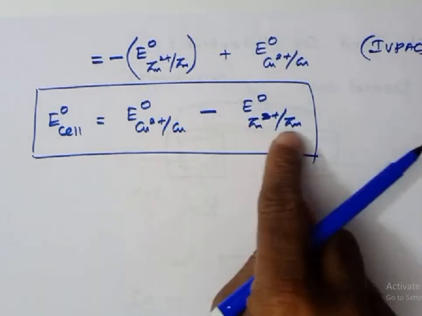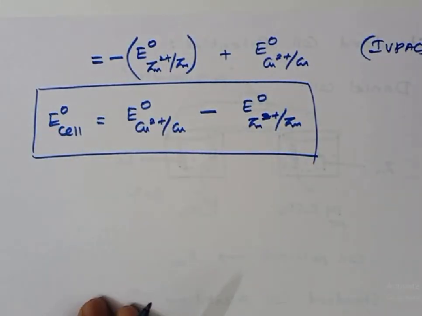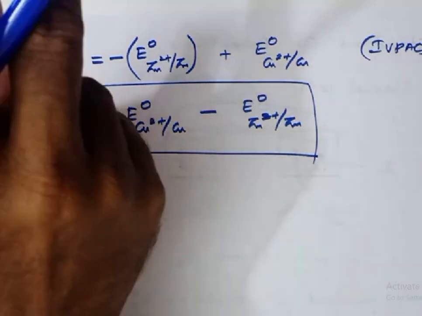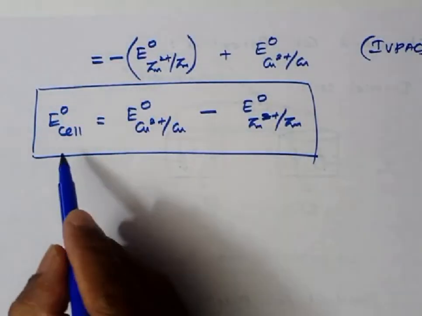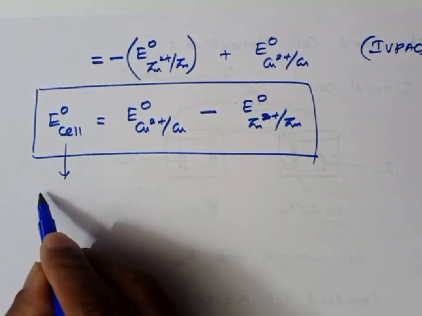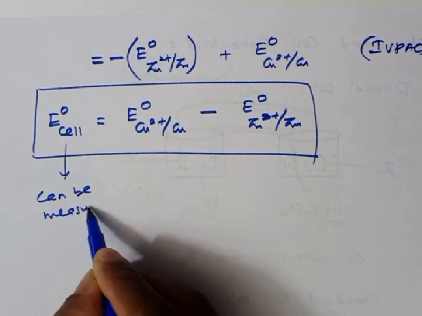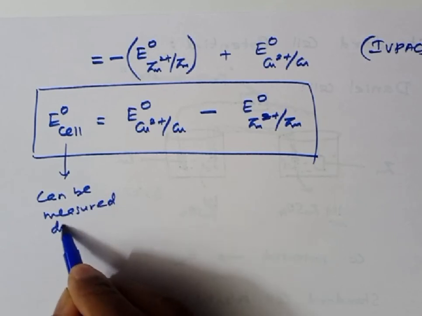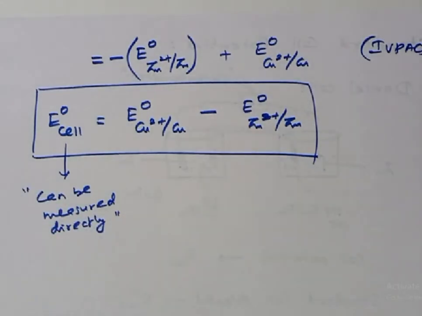The difference of these two is what we call cell potential, right? And this cell potential we can measure from the potentiometer. This is measurable, can be measured directly. You can measure directly through experiment.